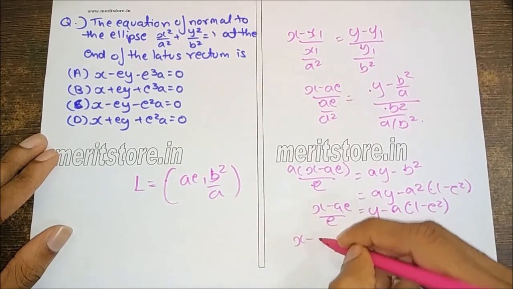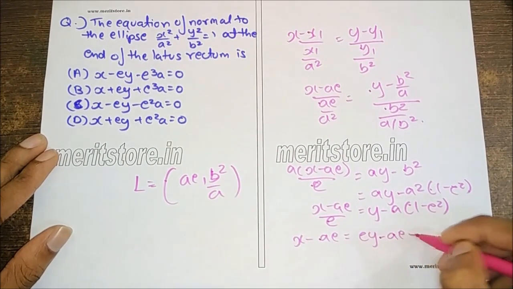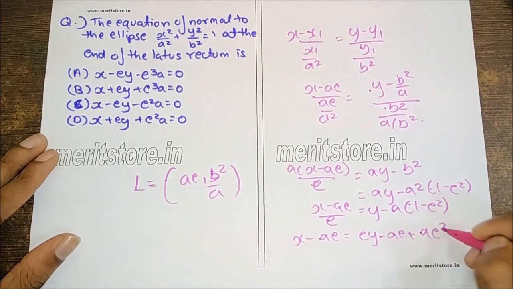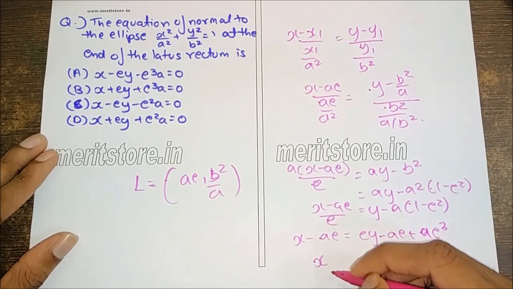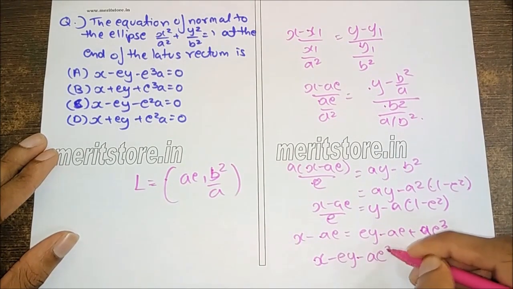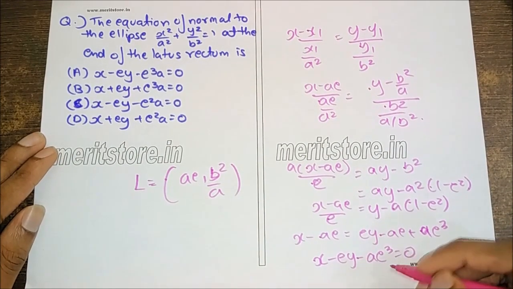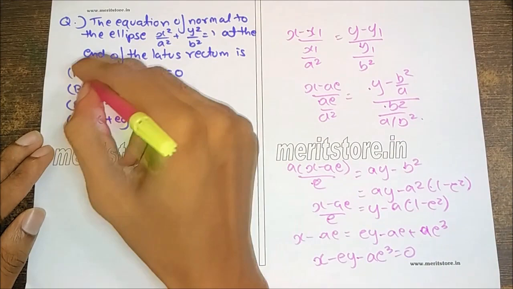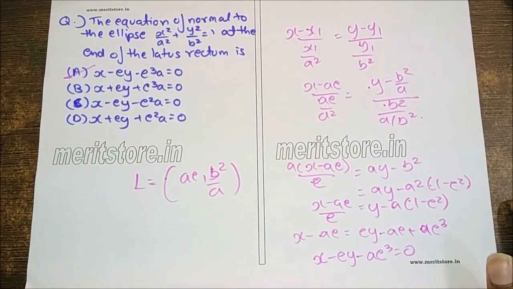Further solving, we get x − ae = ey − ae + ae³. Further solving, we get x − ey − ae³ = 0. We see our answer matches option A. Therefore, option A is the correct answer.